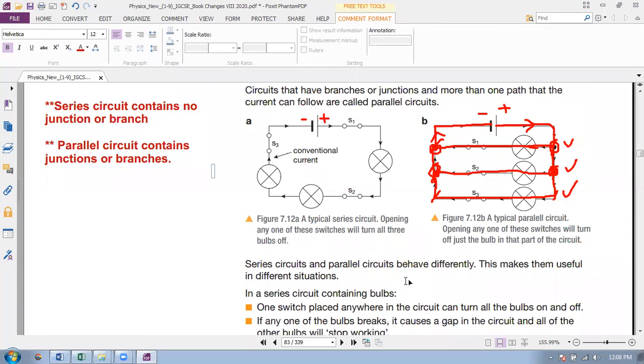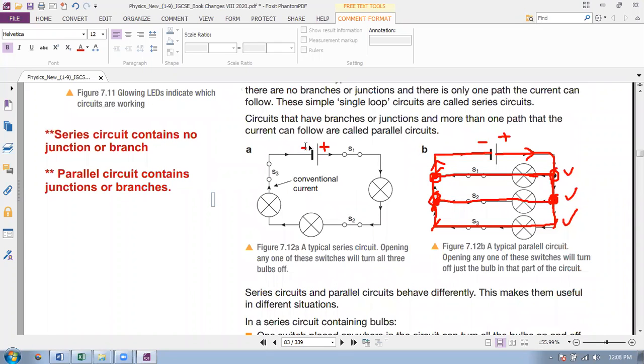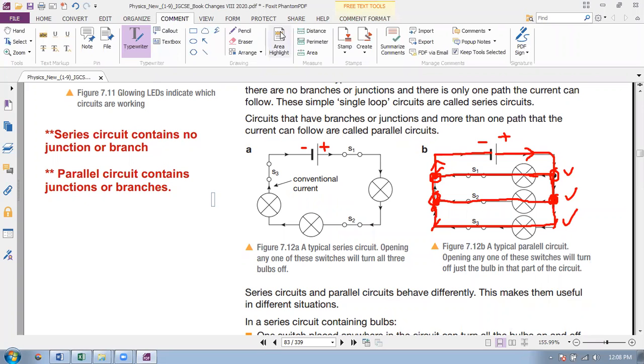And remember that for a cell or battery, there must be a connection from the positive terminal to the negative terminal so that current can flow from the positive terminal to the negative terminal. If the connection is like this, for example, somewhere like this is a switch, and if it is drawn like this, the switch is open.